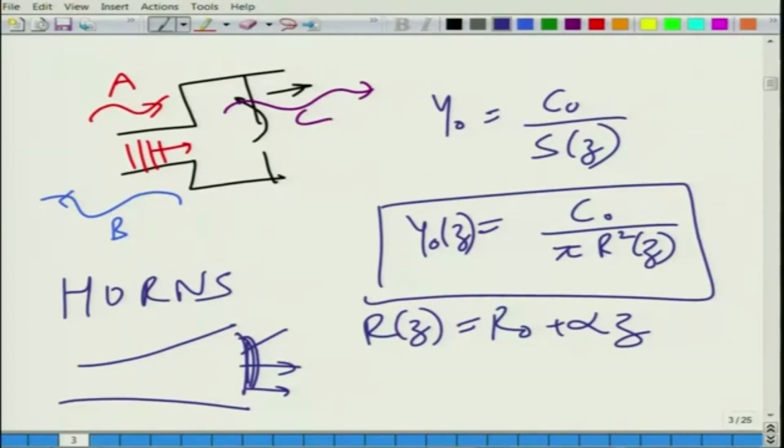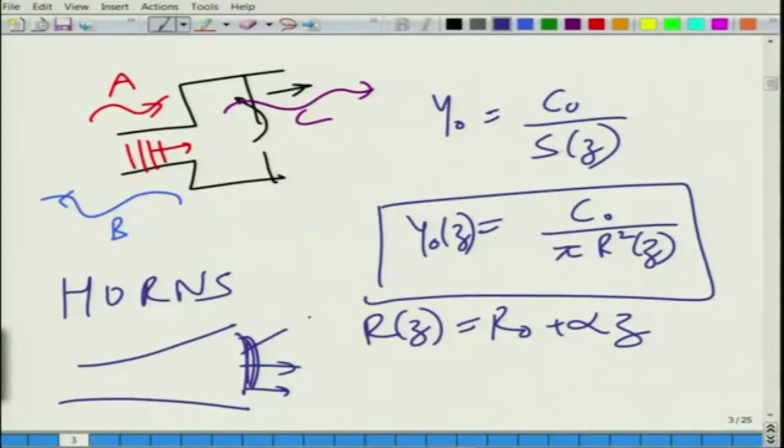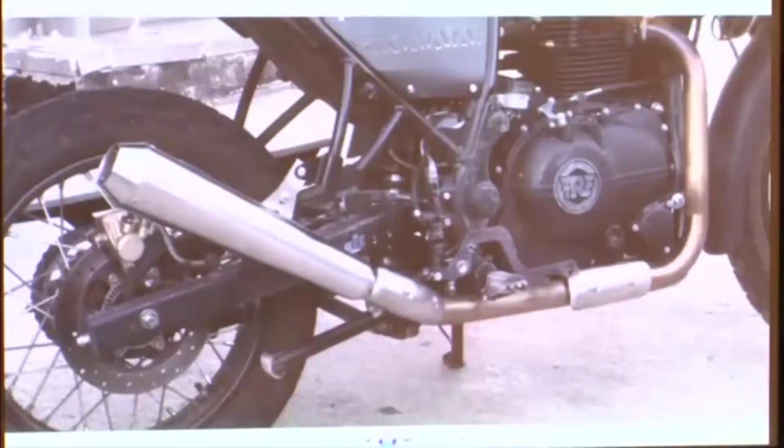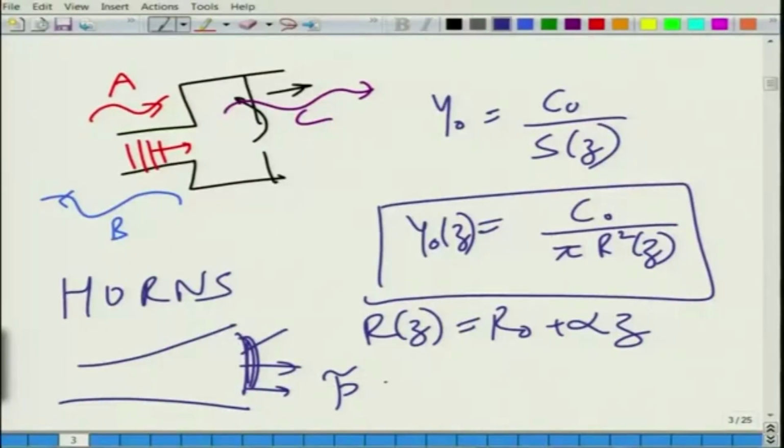The basic fundamental idea is that at the outlet side, where the waves propagate to the atmosphere, the acoustic pressure should be in phase with the particle velocity, even at the lower end of the useful frequency spectrum: the acoustic pressure P tilde and U tilde, that is, the acoustic particle velocity along the axis of the duct.